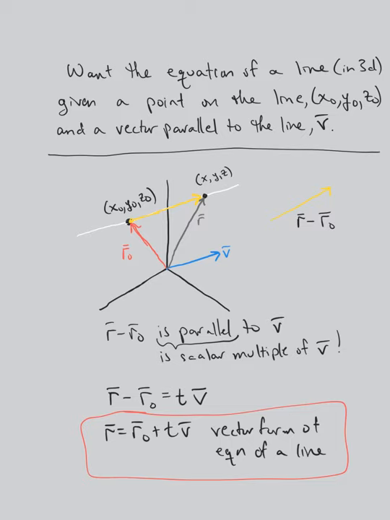Then if I plug in negative values of t, I get points on this side of the line. Now just don't oversimplify that. Sometimes the parallel vector points in the other direction. But the key thing is positive values of t generate points in the same direction as v, and negative values of t generate points in the opposite direction of v.